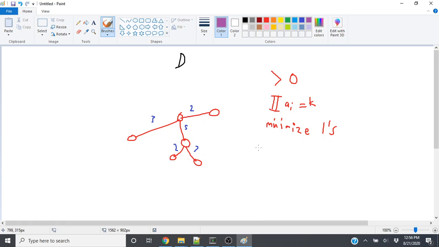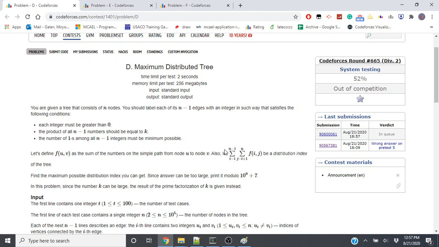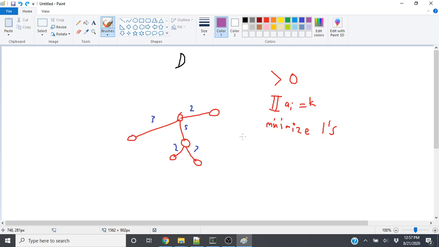So for example, if we did make this 1 and make this 10, that would not be optimal because there's a better way to do it which doesn't use as many ones. One thing that's important is that k could be huge.